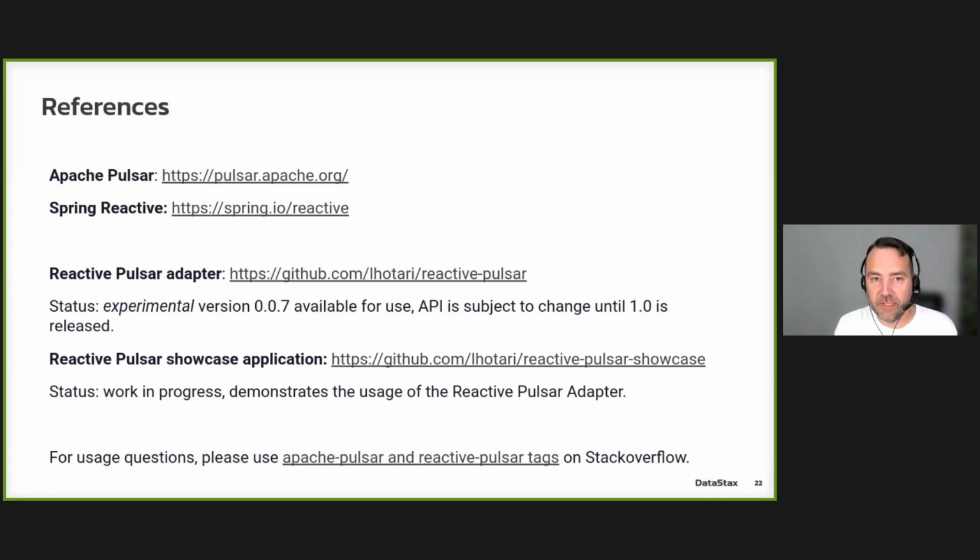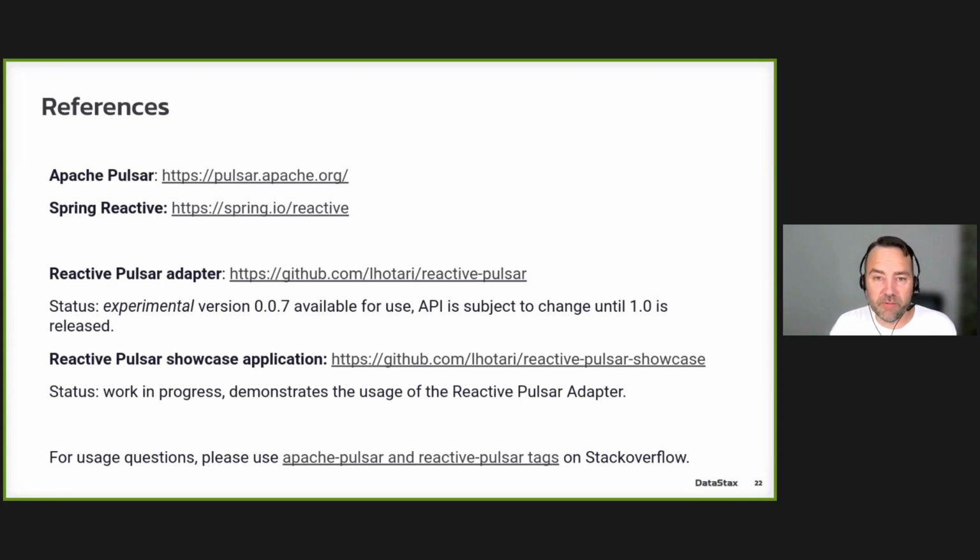and this library. So please go to the website pulsar.apache.org and read more about Apache Pulsar and how great it is and how it covers the use cases of both Kafka and RabbitMQ. You can learn more about Spring Reactive at this website.